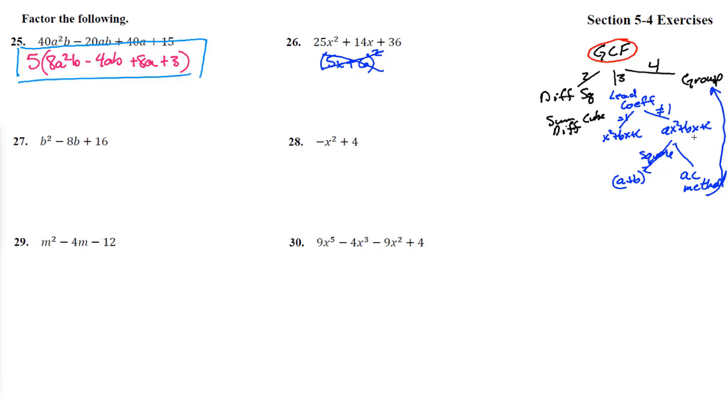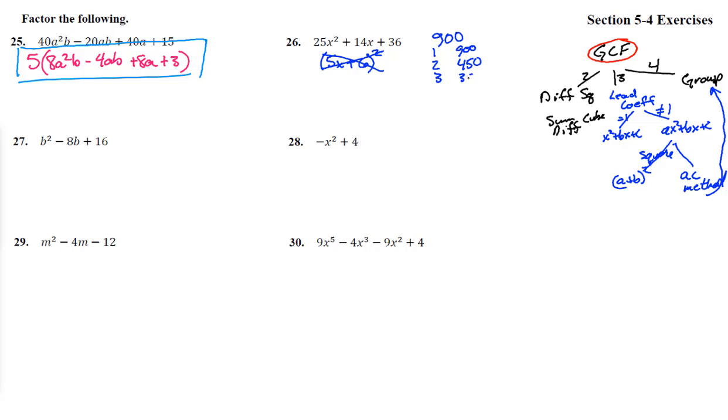25 times 36. That didn't work, so we're now down here at the AC method. 25 times 36 is 900. Is that correct? Yeah, it is. So that's 1 and 900. 2 and 450. 3, does 3 go into that?